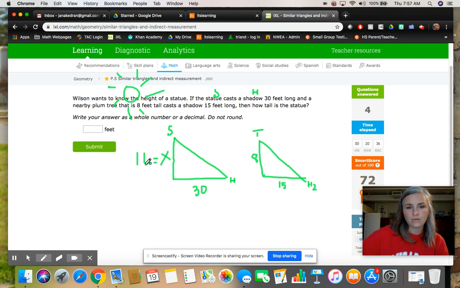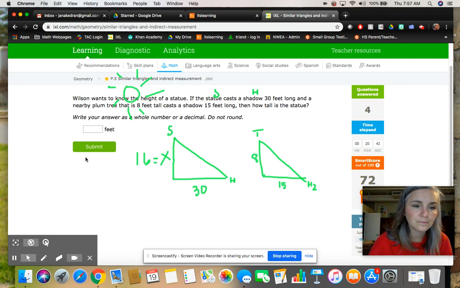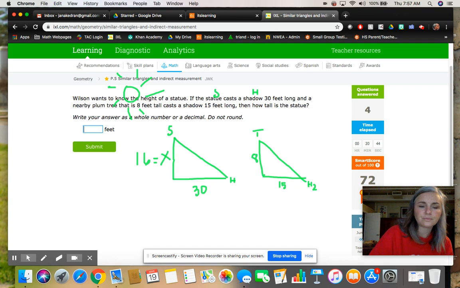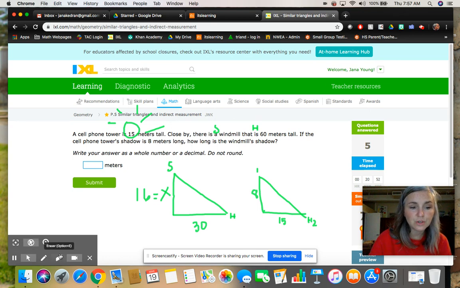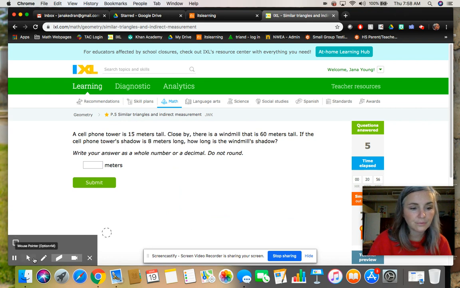So then I could check this. 16 divided by 8 is 2. 30 divided by 15 is 2. And so pretty sure that my statue is 16 feet tall. You are probably going to have to draw pictures for these word problems.